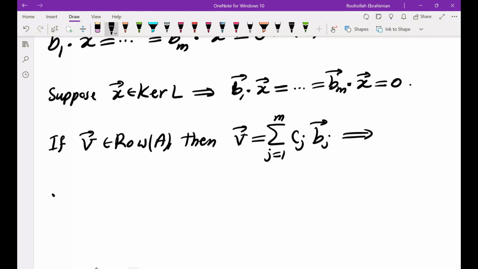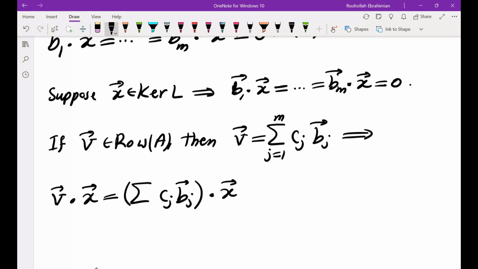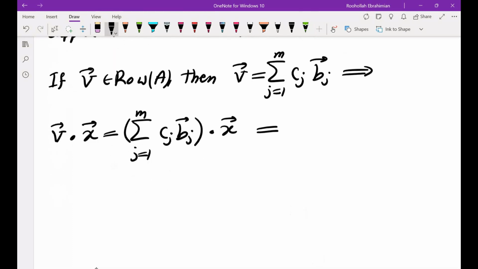And that means if I do V dotted with X, then I will get the sum of Cj Bj dotted with X. And if we use linearity, we can show that this is equal to Cj Bj dotted with X by linearity. And this is of course 0 because all of these are 0.